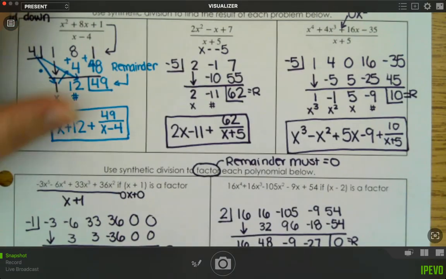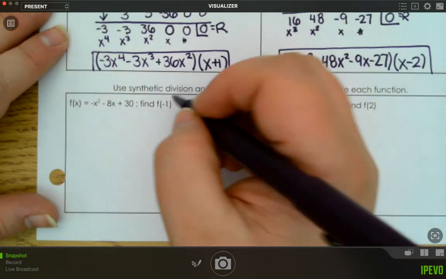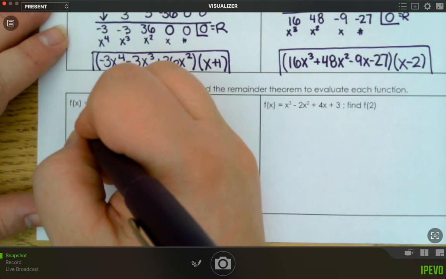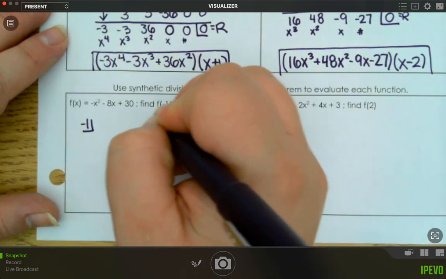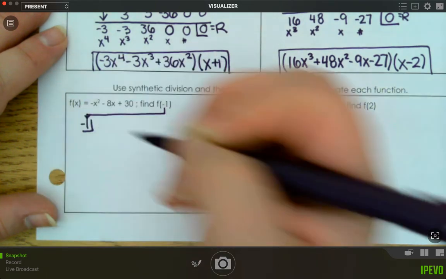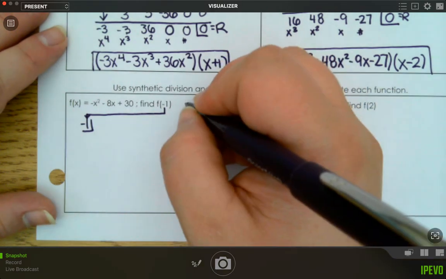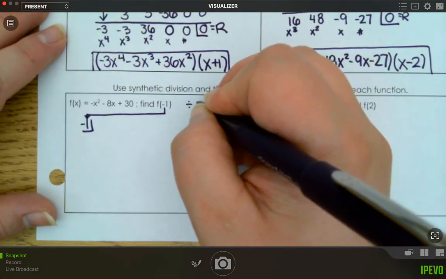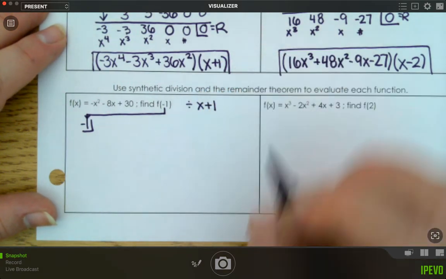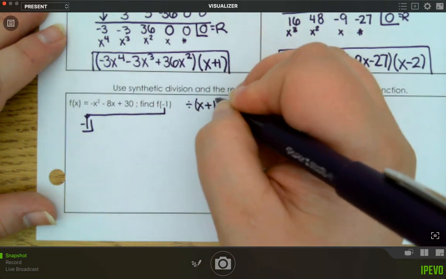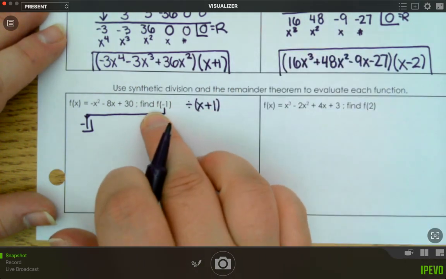So basically, if you make this number go in the little box, and notice how I did not change the number this time, because really we're trying to divide by x plus 1, because that would be the factor if -1 was a 0.